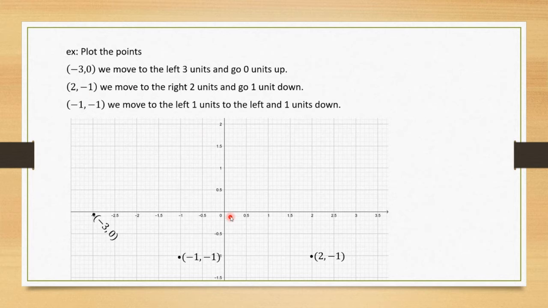For the next one, 2, -1, you locate 2 on the x-axis by going 2 units to the right. Then the y coordinate being -1, you go down 1 unit. Here, -1, -1, to plot it, you would go 1 unit to the left and then down 1 unit.